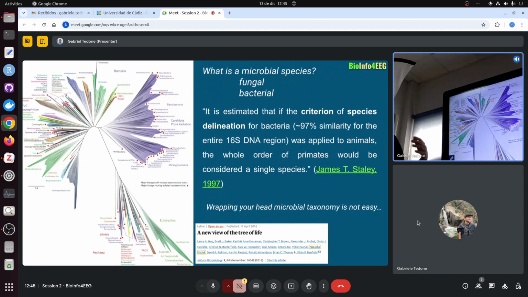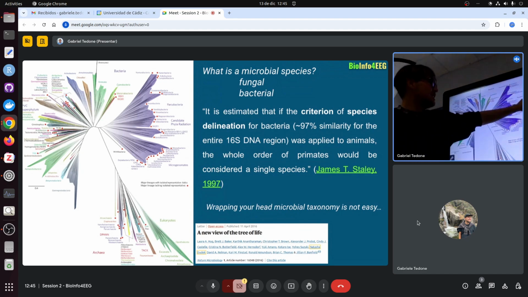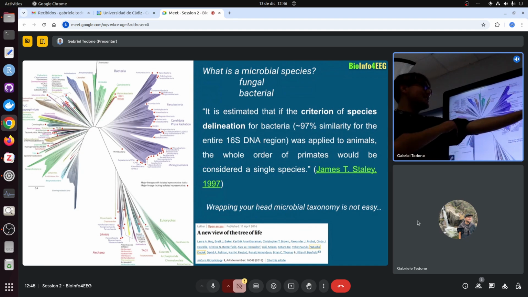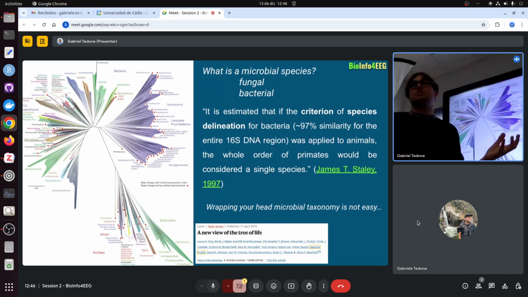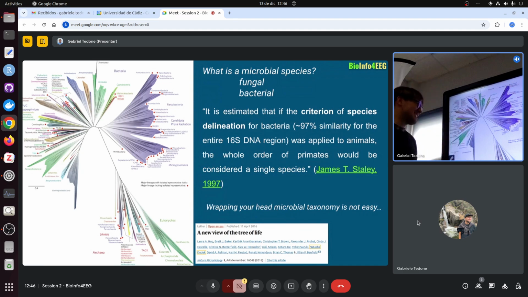But it's a bit different. What is a microbial species? This really shocked me. The criterion of species delineation, 97% similarity of the 16S region, if we apply it to animals, all the primates would be the same species. We would be the same species as chimpanzee, as orangutan. So it's a bit complex.